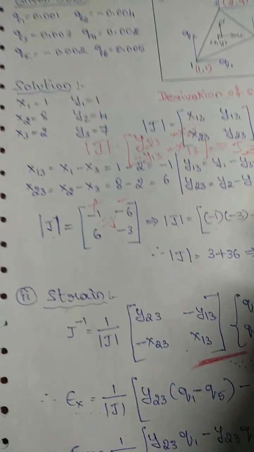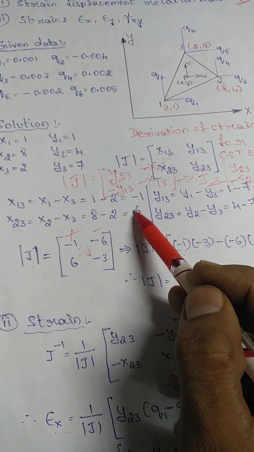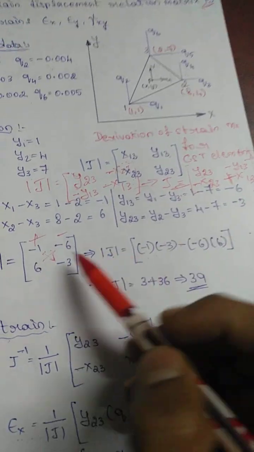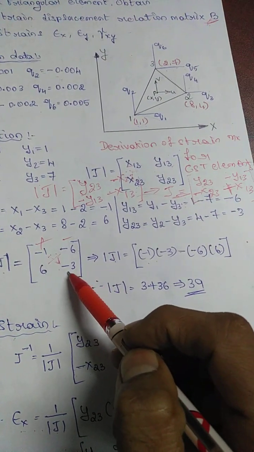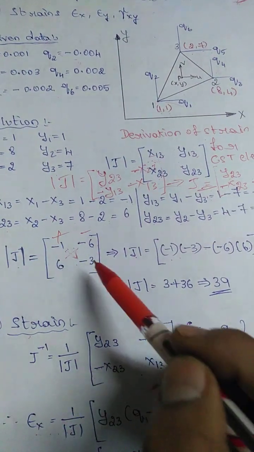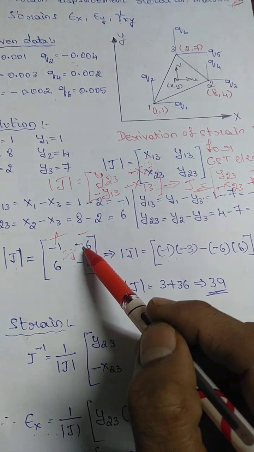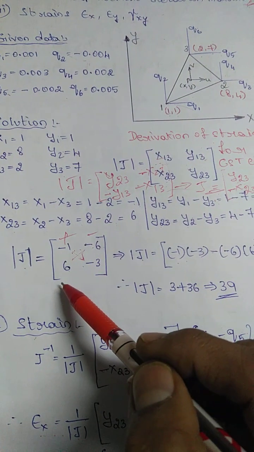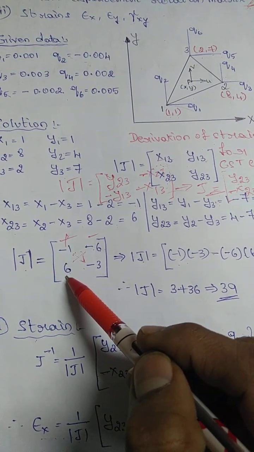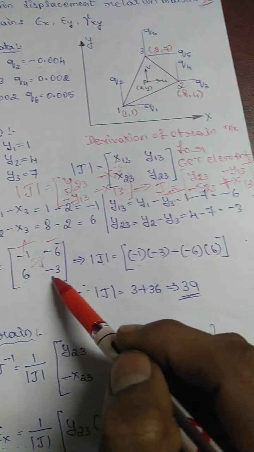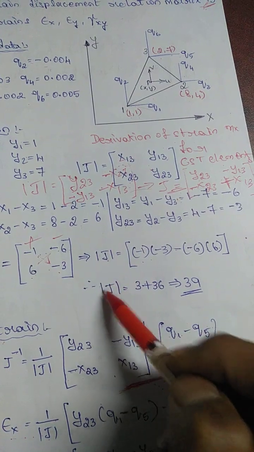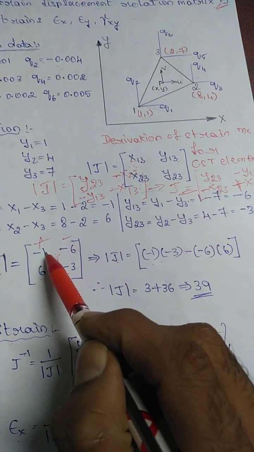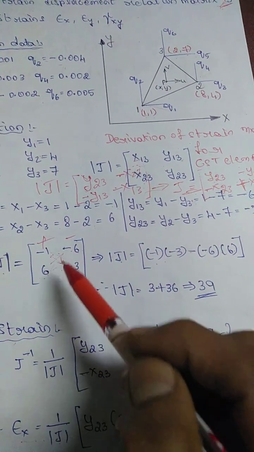Next, substitute the results you have got in the respective places. That is, x13 is minus 1, y13 is minus 6, x23 is 6, and y23 is minus 3. So calculate the J value this way, by cross multiplying. You might be knowing this.